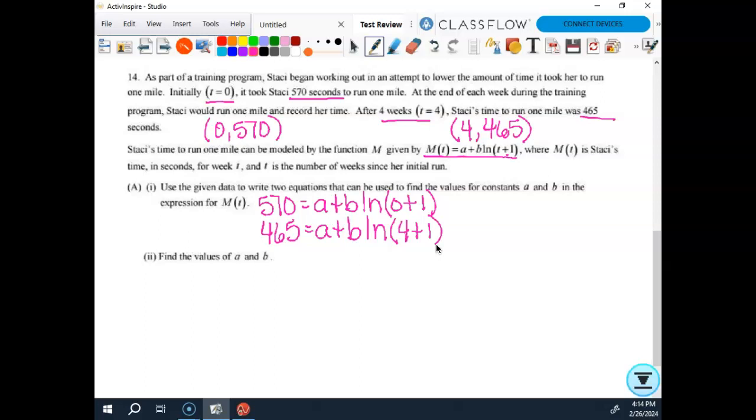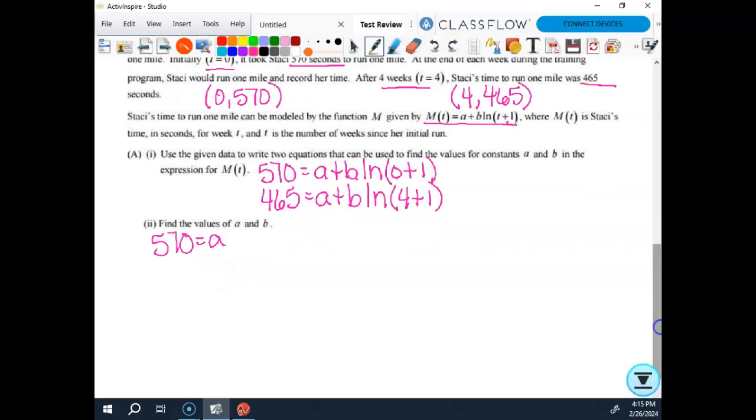Now we want to find the values for A and B. When I look here, the natural log of 0 would have been problematic, but the natural log of 1 is fine. This term zeroes out, so I get that 570 equals A. That looks like a 9. It is an A. All right, so then I'm going to substitute that in here, so I get 465 equals 570 plus b times the natural log of 5.